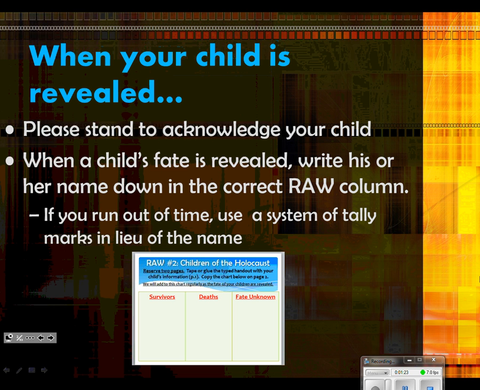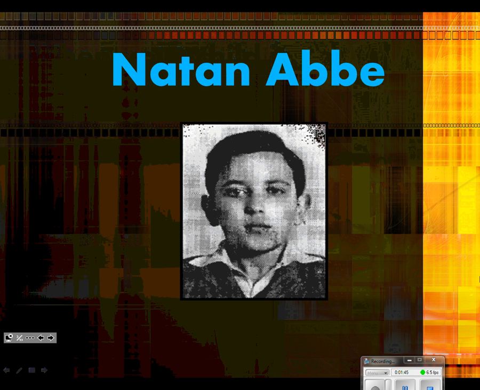So again, if you can, write the child's complete name down. Obviously, these names are not going to stay up for very long, so if you cannot find the name, you can't recall it, you can just write a tally mark or a check mark in whichever column fits them best. If your child shows up on the screen, if you could please stand for him or her, that would be nice as well. All right, our first child today is Nathan.